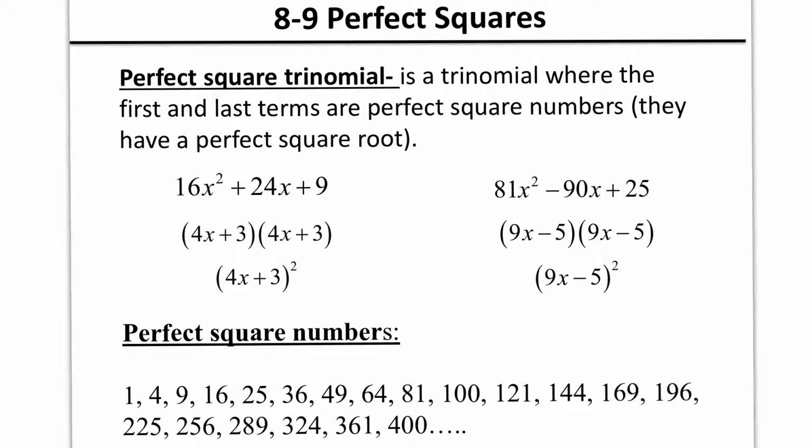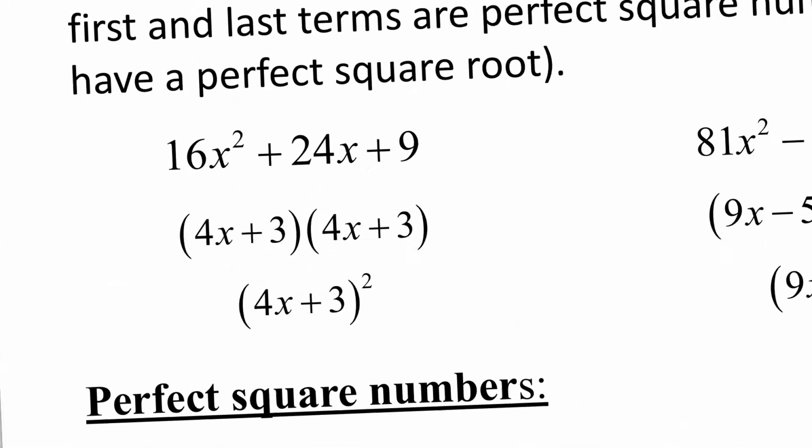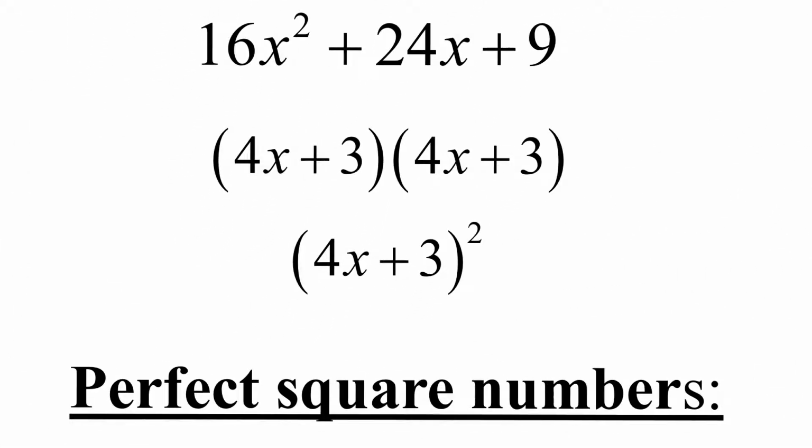Now, if you're wondering what happens to the middle term, let me show you that when you distribute, when you actually multiply, we know that 4x times 4x is going to give us 16x squared. We know that 3 times 3 is going to give us 9. But when you multiply these two terms, 3 times 4x, that's going to be 12x. And when you multiply these two terms over here, 4x times 3, that's going to be 12x again.